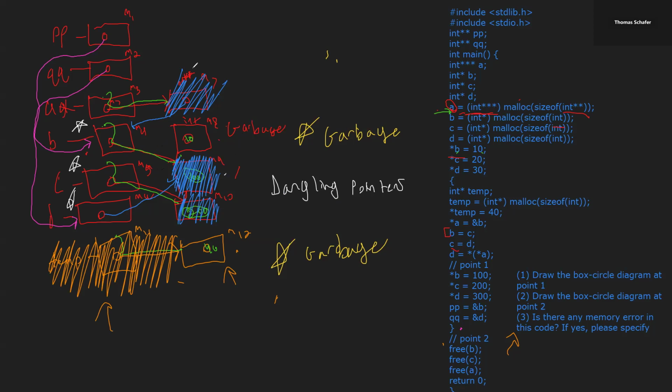And yeah, so we have two dangling pointers, three actually, because we have B, C, and D. Oh, and we also have A, so we have a fourth one. And yeah, so we have garbage and dangling pointers. And so those are your memory errors in this code.